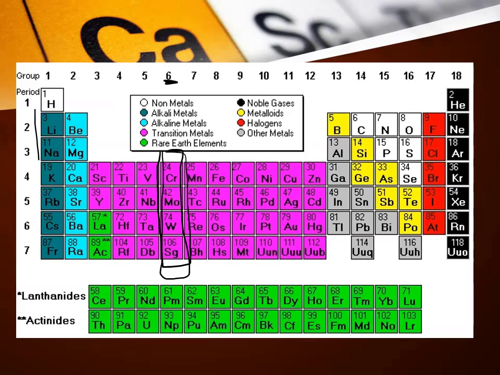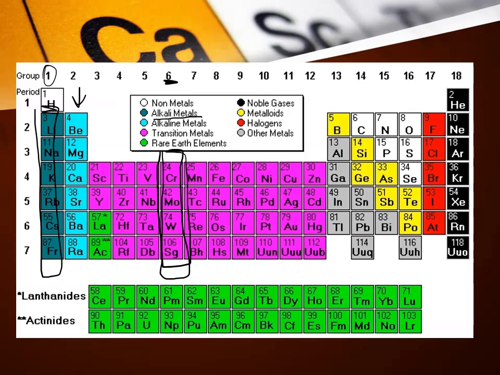However, this column, make sure you notice that hydrogen is not part of it, does have a name. It's the alkali metals. So yes, we can call this group 1, but we can also call it the alkali metal family. Normally, though, I will say we tend to just use the word group 1. Kind of makes our life easier. These are the alkaline earth metals, sorry. Sometimes you'll see just alkaline.